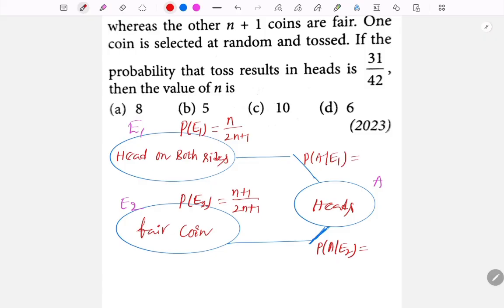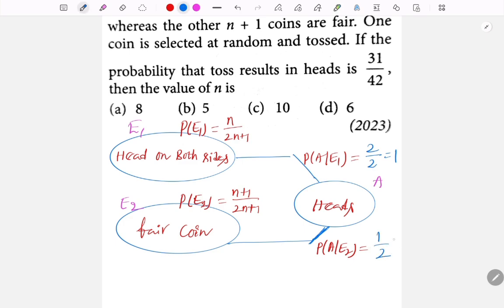Find out this one. What is A here? Heads. How many heads are favorable in the first event? 2 heads, so total 2 favorable, and total outcomes 2. Then your answer is 1. Here in this event, how many heads are favorable in the fair coin? 1. Total number of outcomes 2. Again favorable is 1, total outcomes 2.